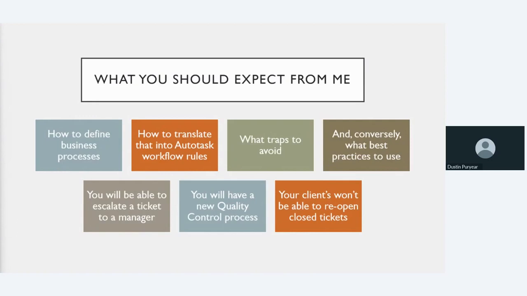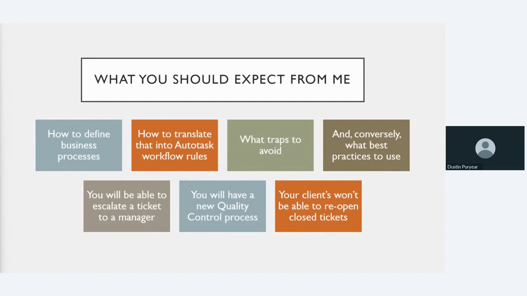Then we're going to talk about how you translate those business processes into Autotask rules, some traps to avoid, best practices, and then for specific examples, we're actually going to walk through how we layer workflow rules so that you solve some problems that you almost definitely have right now.